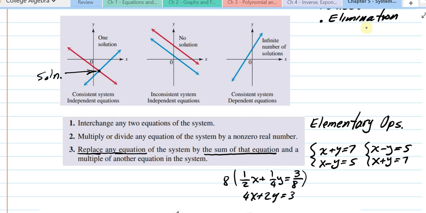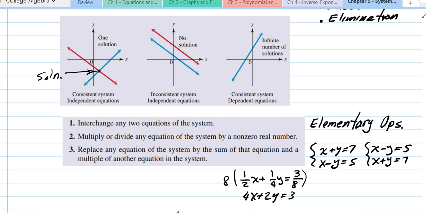I keep saying row because I'm thinking matrix ahead of time, sorry. So I can replace an equation by the sum of that equation, the one that we want to replace, and a constant multiple of another equation in the system. Okay, I'll show you these. It's best done using examples, which we'll look at in a moment.